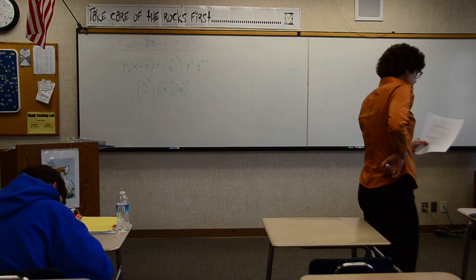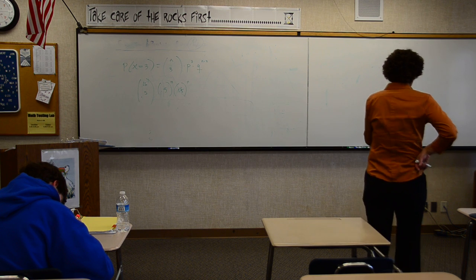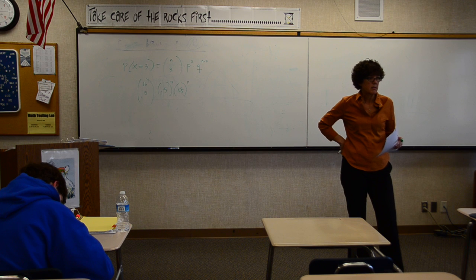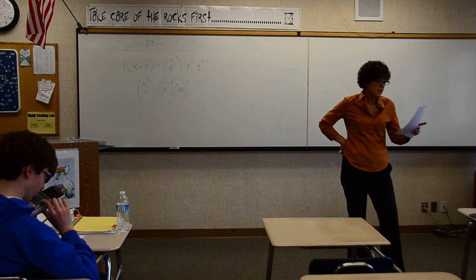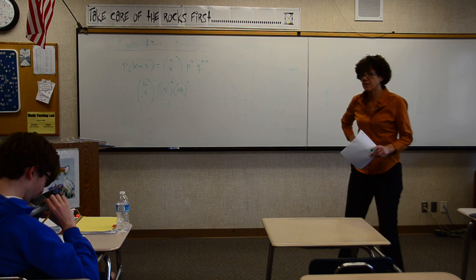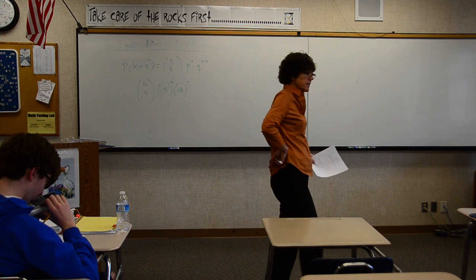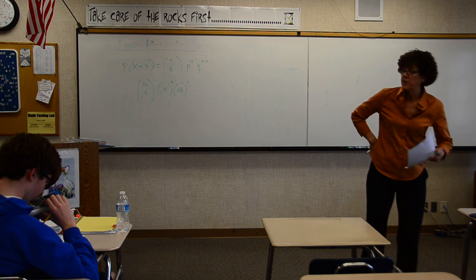Okay, so then you're going to go number of trials. How many trials? 16, comma, probability of success, 0.5, comma, how many successes I want? 5.